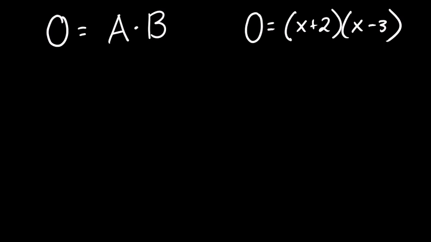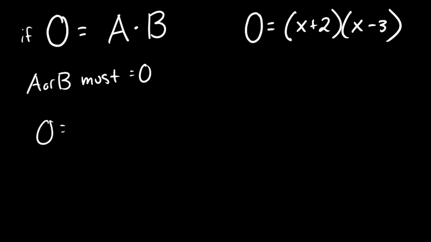Let's say I've already factored it. It says that if 0 equals the product, a or b must equal 0. Alright, that makes sense. If a is 7, b has to be 0 because I need to multiply two numbers to get 0.